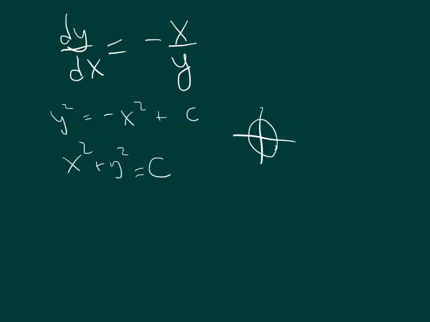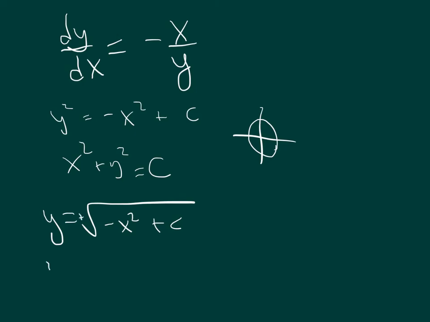One thing I can do here is take this equation and solve for y. I'll square root both sides and get y equals the square root of negative x squared plus c, and I guess a plus or minus in front of that. It doesn't really matter which one I do. I'll do the plus.